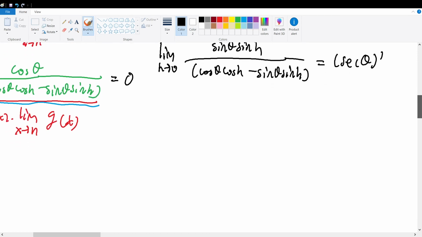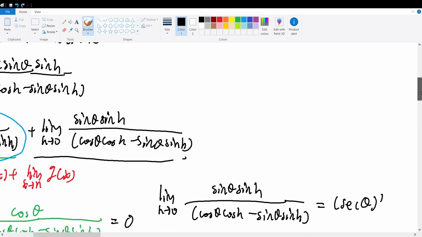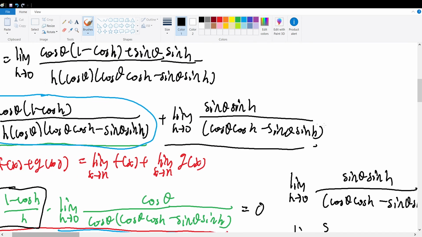So to evaluate this limit, we can apply a previous limit property of the sum of two functions, which is the limit as h goes to 0 of sine of theta, or excuse me, I think I copied it wrong. Yeah, for this one, I forgot to multiply by h times cosine of theta, because we're summing these two functions, so the denominator has to remain the same.